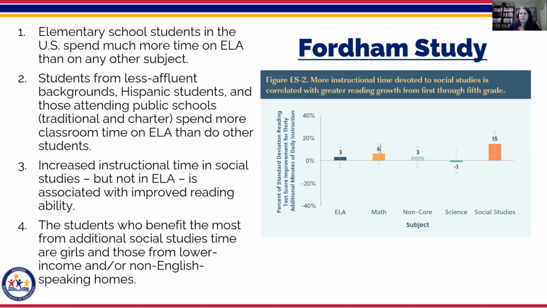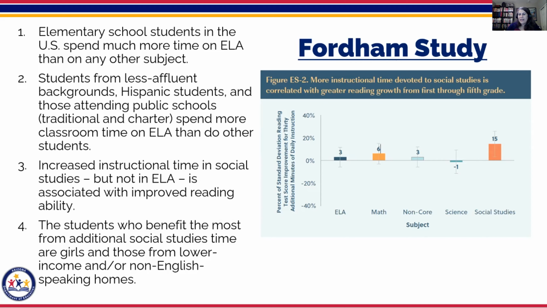So I just want to talk about the Fordham study. This study just came out this year, and it's receiving a lot of attention. It is one of the first studies that really looked at time on subjects. It talks about how more instructional time devoted to social studies correlates with greater reading growth from 1st through 5th grade. If you look at the graphic, it shows each subject and what percent of test score improvement comes from 30 additional minutes of daily instruction.